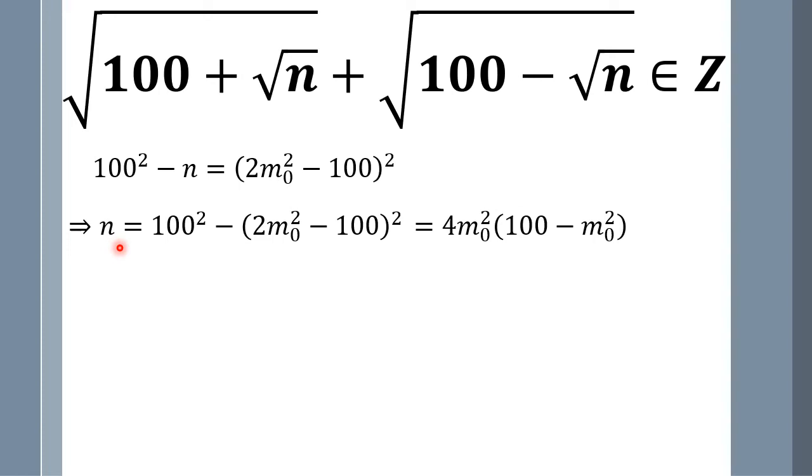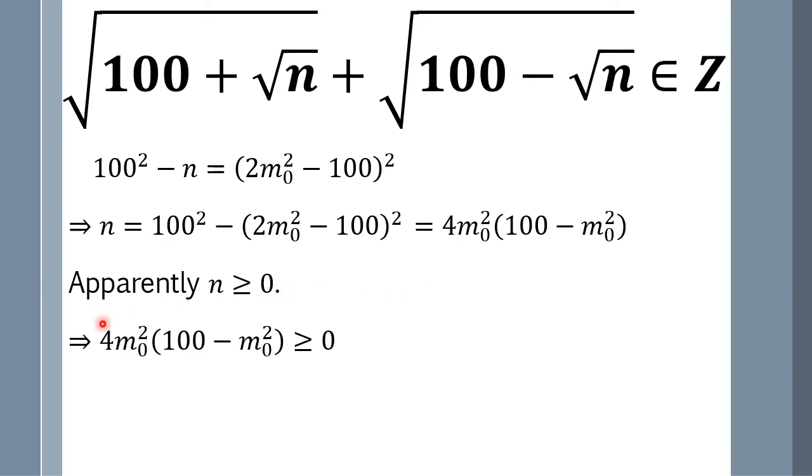From this equation, we need to get the values of m0 and n. To do so, we need to find out the range of m0 squared. First of all, apparently n is larger than or equal to 0.